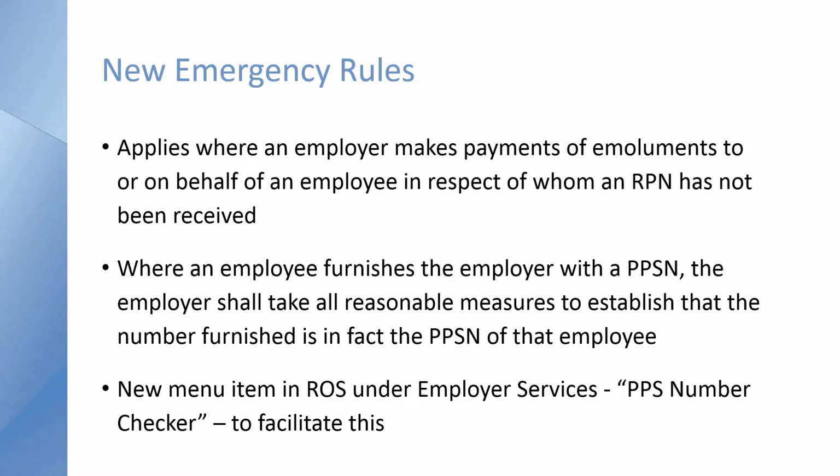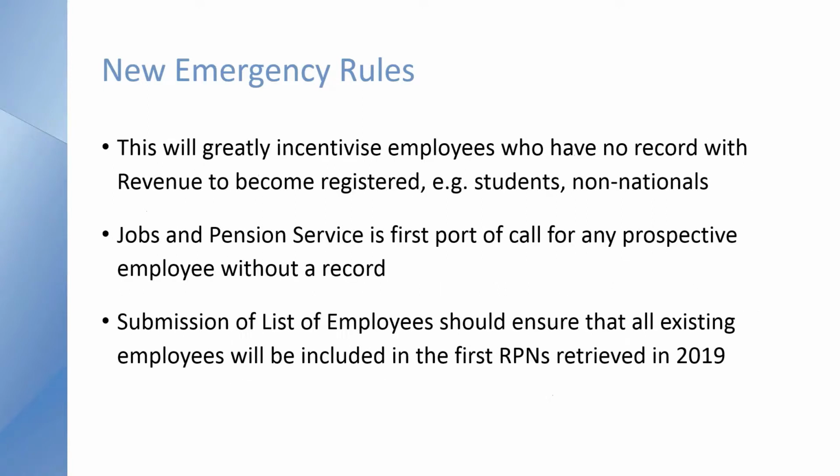Where an employee does furnish the employer with a PPSN, the employer should take all reasonable measures to establish that the number furnished is in fact a valid PPSN for that particular employee. You may or may not be aware that within the ROS screen, there is a new button called a PPS number checker, and that should be used by employers to facilitate that.